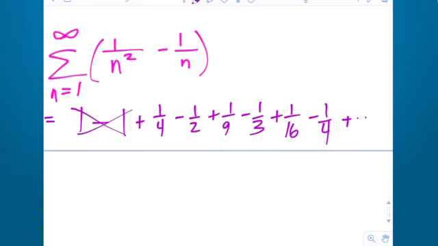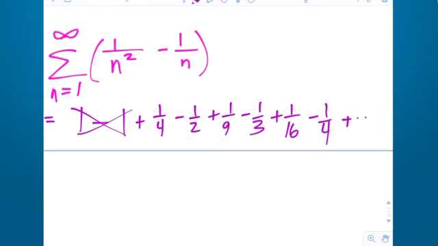But there's always that second one. Are these terms without the plus or minus, the absolute value of the terms, monotonically decreasing? 1/4, 1/2. Did we go up or down? We went up. 1/2 is bigger than 1/4. 1/2, 1/9. Now we got smaller. 1/9, 1/3, we got bigger. 1/3, 1/16, we got smaller. 1/16, 1/4, we got bigger.